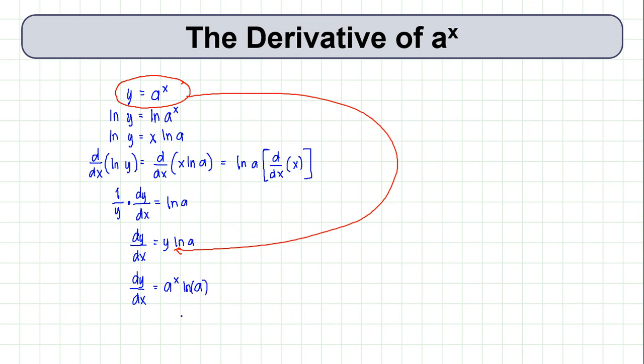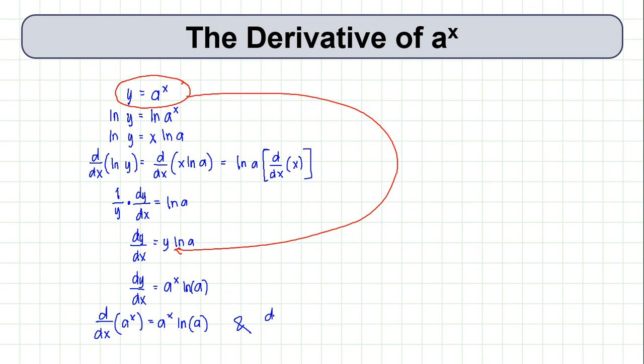Now, paano kung function ng u, no? So, to generalize, the derivative with respect to x of a to the x is equal to a to the x ln of a, right?